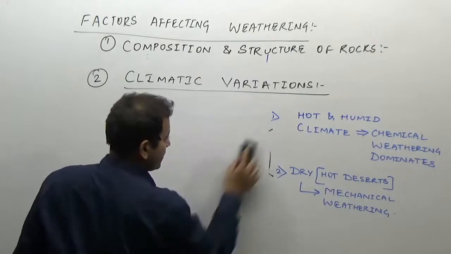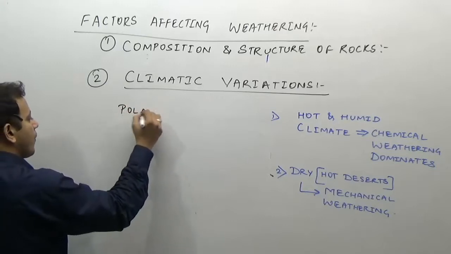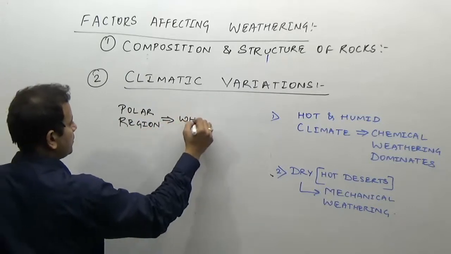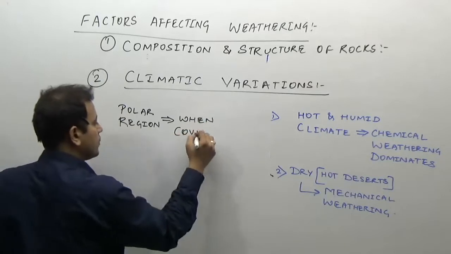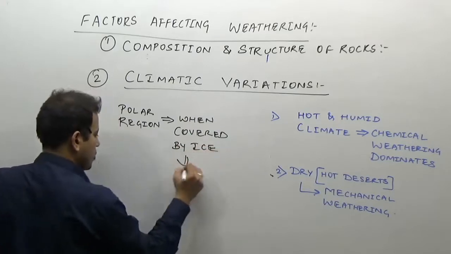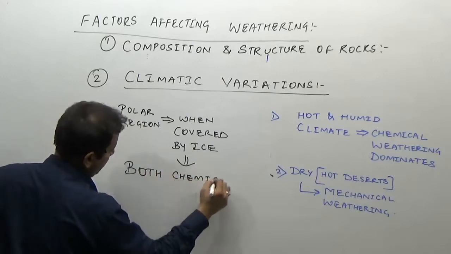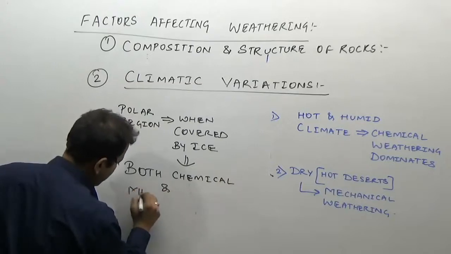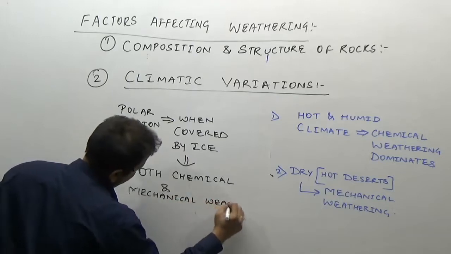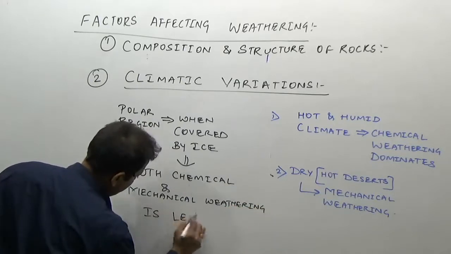In the polar regions, that is regions which are covered by ice, both chemical and mechanical weathering is least or minimum.